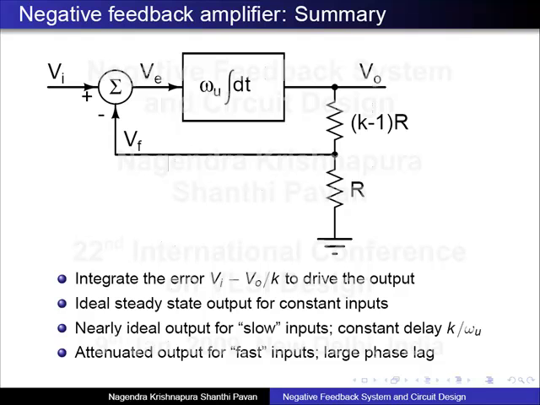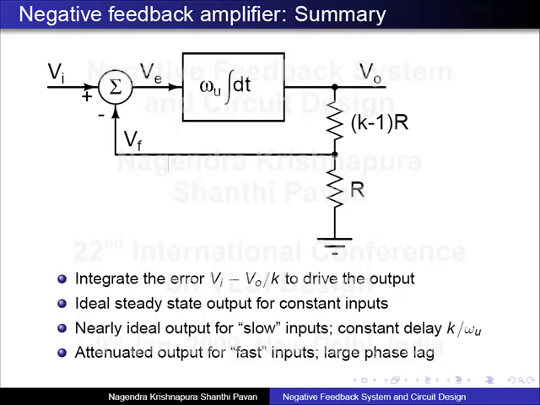So to summarize, what have we done? We integrate the error Vi minus V naught by k to derive the output. And what happens then? The steady state is ideal when the input is constant, because the steady state is reached only when the difference is 0. Now for slow inputs, that is slow sinusoids, the output is nearly ideal. That is, you get the desired gain, but there is a delay, k by omega u.